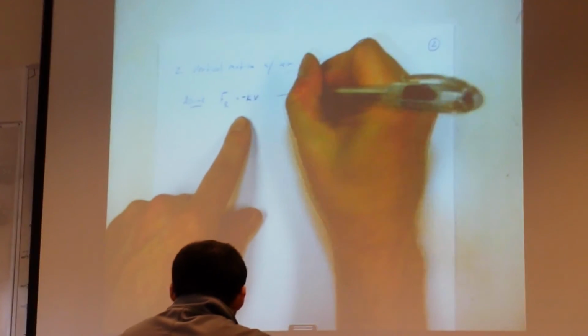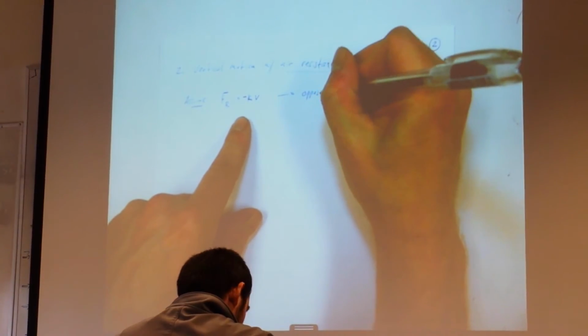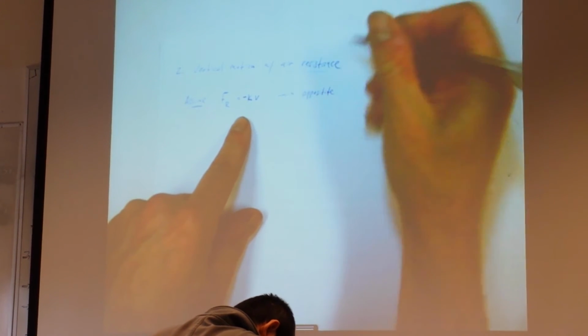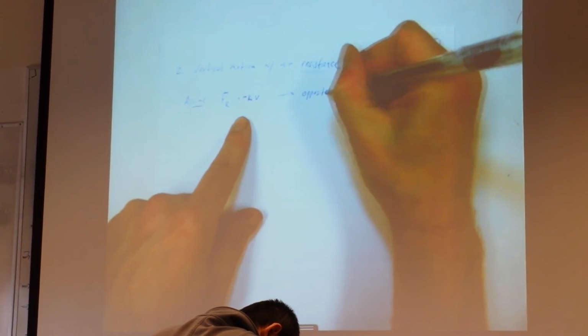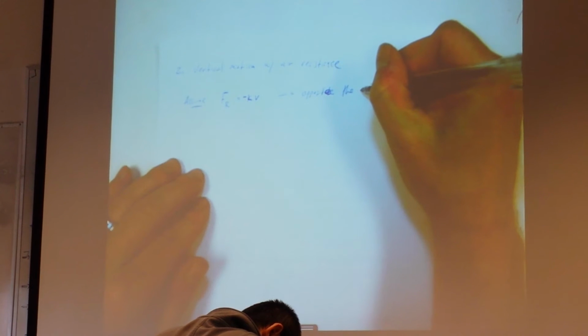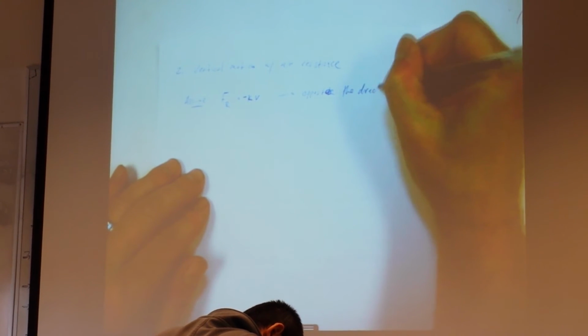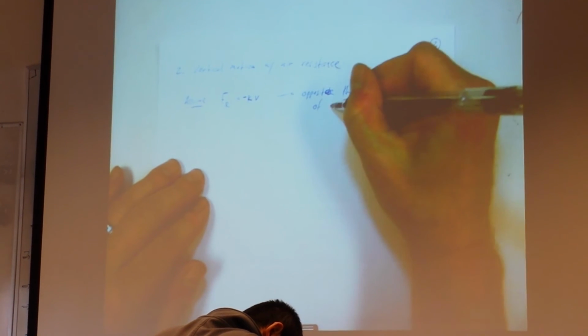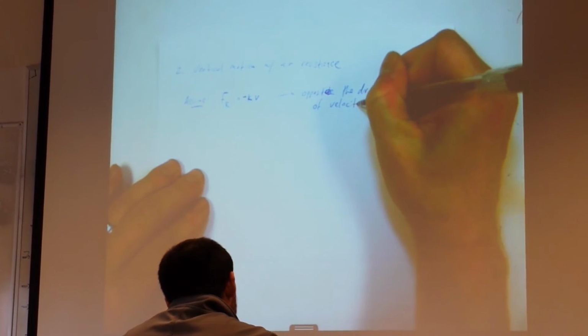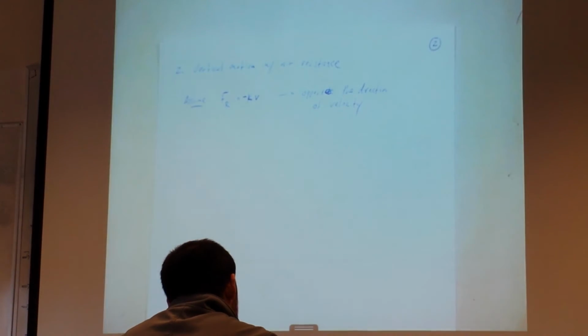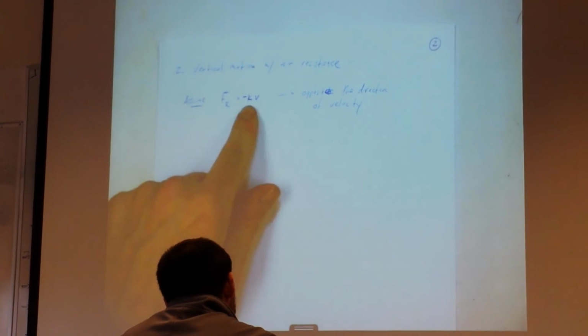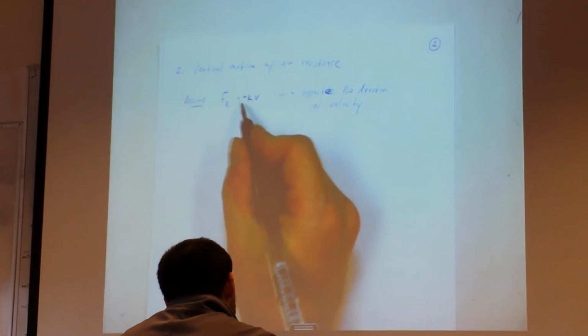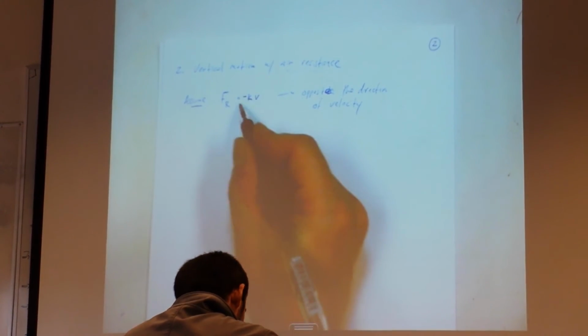So this is opposite the direction of the velocity. That sign is a little bit misleading, but when V is negative, wind resistance is acting in the positive direction. It's exactly opposite to the velocity.